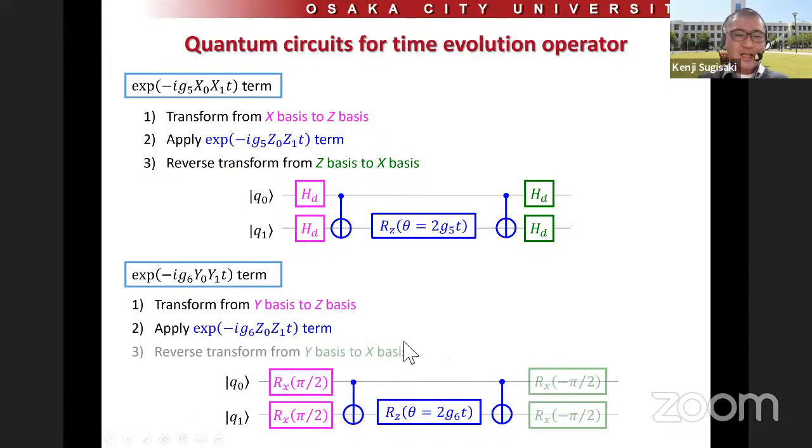And finally, apply the reverse transformation from the Z basis to the Y basis by applying an additional RX with a rotation angle minus pi over 2.